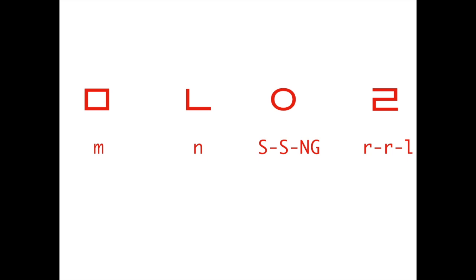Letter M, wherever you see it, is M. N, silent, and NG. R, R, L: R initial, R medial, L final.